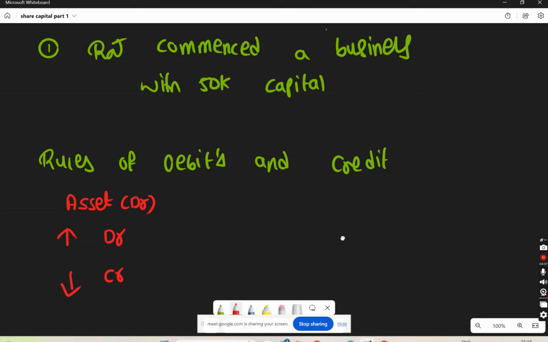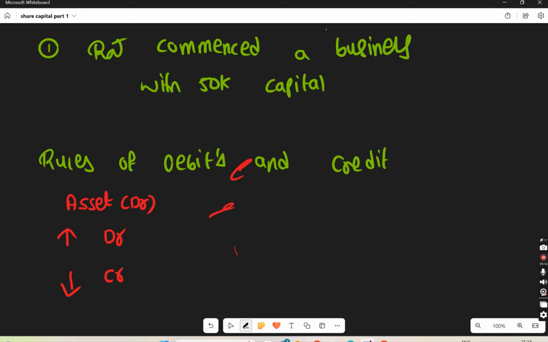So an asset normally shows a debit balance. If the assets are increasing, then you have to debit. If the assets are decreasing, then credit it. Then we have liabilities.